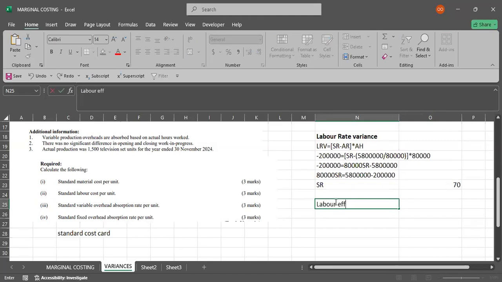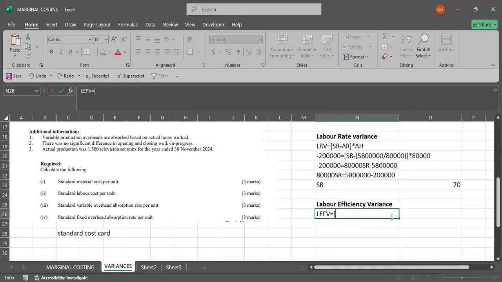Labor efficiency variance. How effective is the company utilizing the labor hours paid for? So labor efficiency variance will be equal to, right?